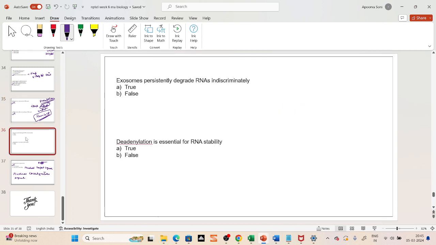Next question: exosomes persistently degrade RNA indiscriminately. True or false? This is just in general, we have not discussed it, but if you have read about the classes, then you might have a little bit of idea. True.